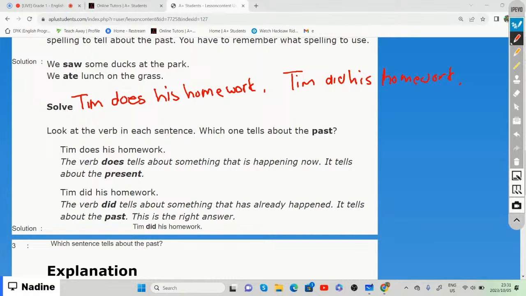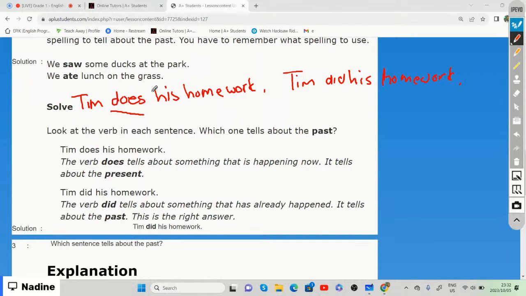So if we identify the verb that tells us about the past, then we will say it is did. Tim does his homework is basically in the present, something that he's doing now, right?